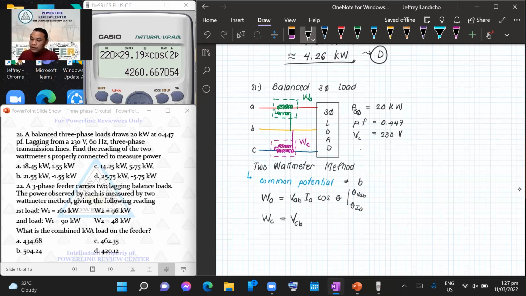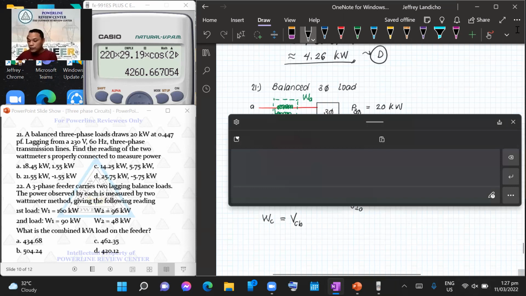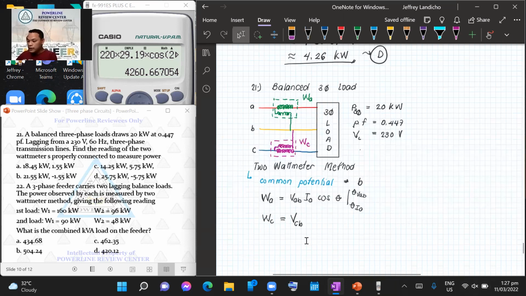Same also when you take wattmeter C: which voltage do we use? You have voltage V_CB. The second subscript represents the common potential, while the first subscript is where the current coil is connected. Here, V_AB: the current coil is at A, the other potential is at B, hence V_AB. Likewise, the current coil is at C and the potential coil is at B, so the voltage should be V_CB. Which current?